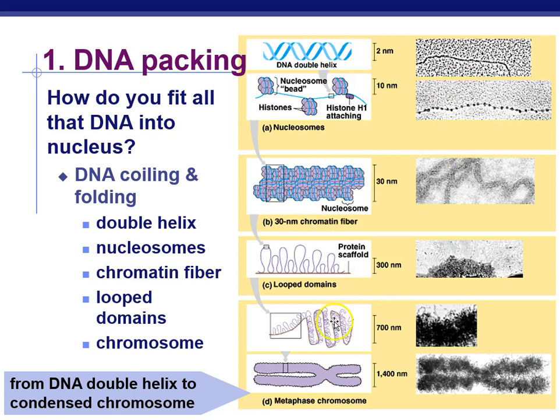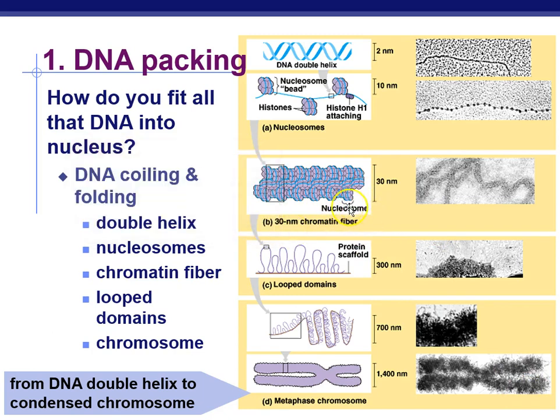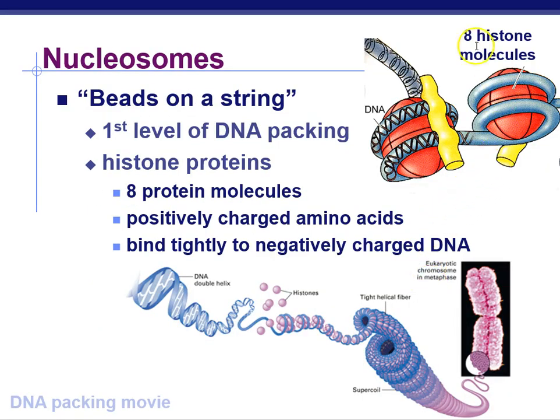Make it tighter and tighter, condensing more and more, till we get to see the actual whole chromosome itself. And I will bring our attention to the word nucleosome when you get the DNA wrapped into that little subunit there called a nucleosome, as that'll come up on our next page, which looks like beads on a string.